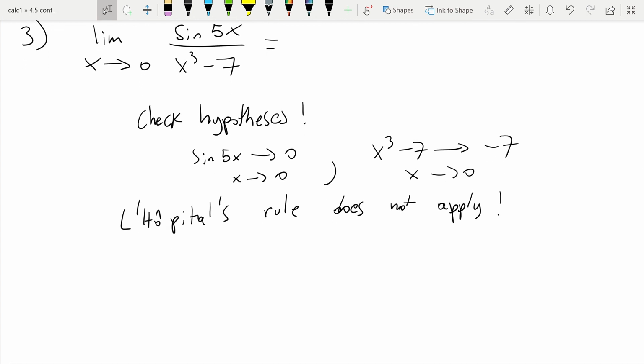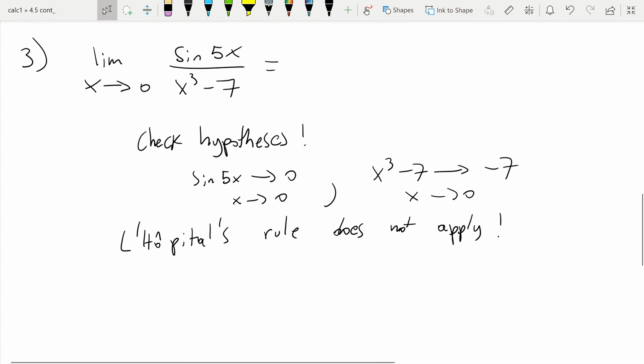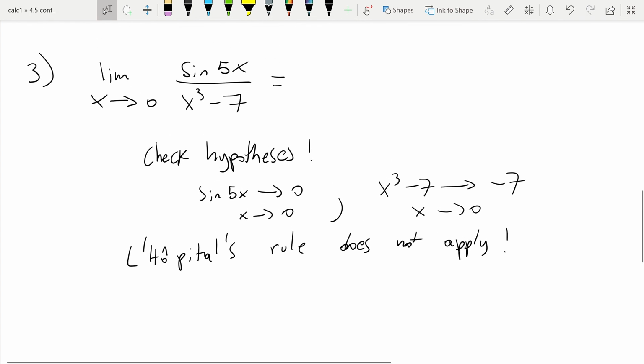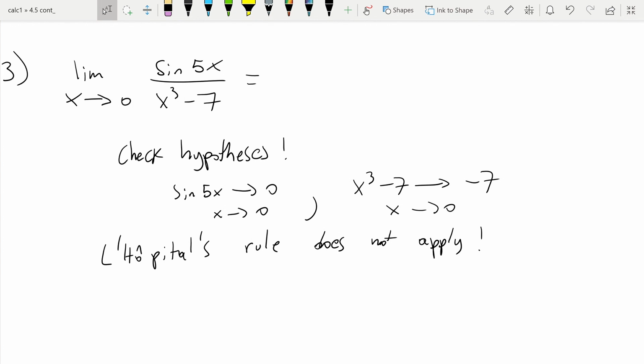But luckily then, we can just go ahead and compute the limit, because both expressions here, the numerator and the denominator, are both continuous functions. And as we learned, whenever we have something like that, we can just go ahead and evaluate, except when the denominator is 0 at the point, which in this case isn't, because it gives you minus 7.